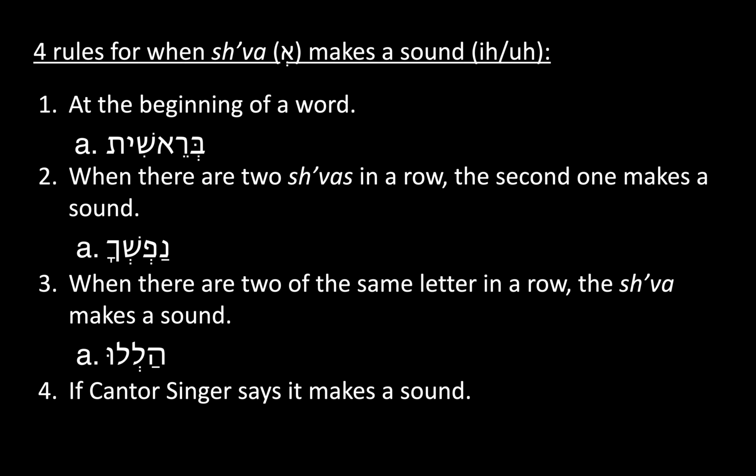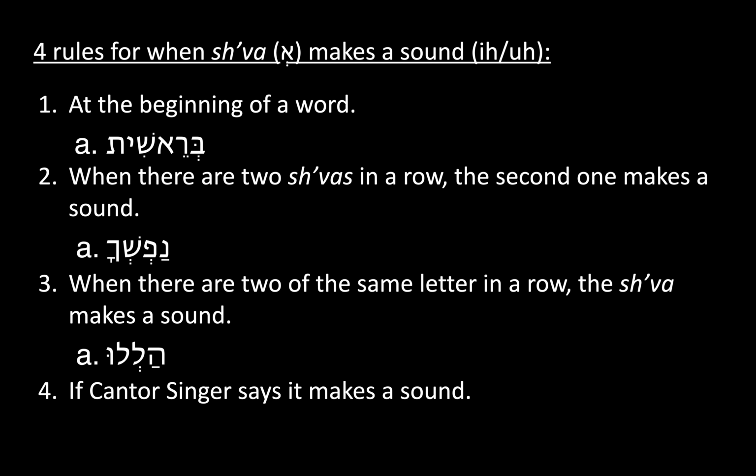This is a shva. You'll learn this either as silent or it makes a small e sound, depending on where it is in the word. It's called a shva, but it's usually silent. Two dots. There are four rules for when shva makes a sound.